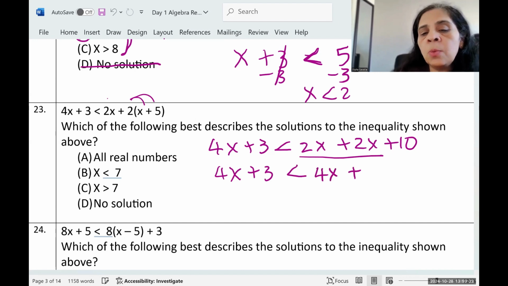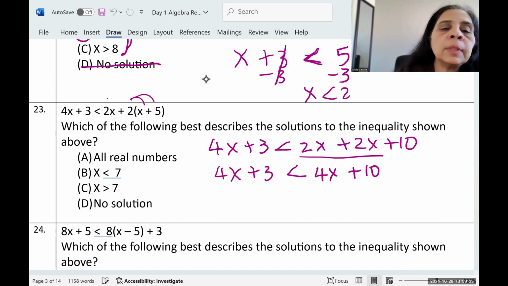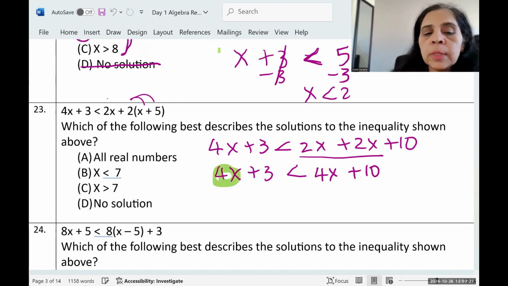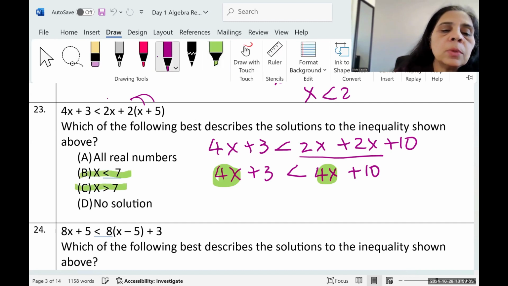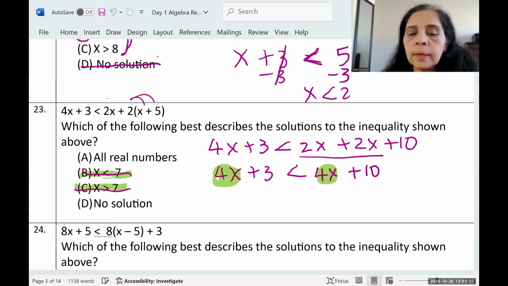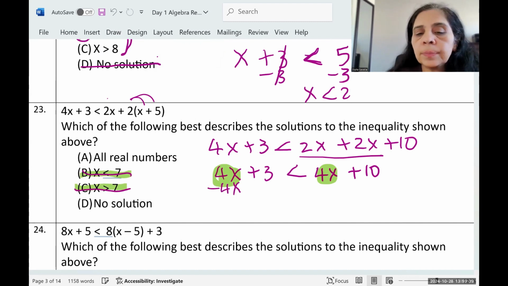Now after this, you can see you have the same coefficient of the variable on both sides. That will cancel out. So this answer you can eliminate, right? We cannot get that. So you subtract 4x. So we have leftover 3 less than 10.